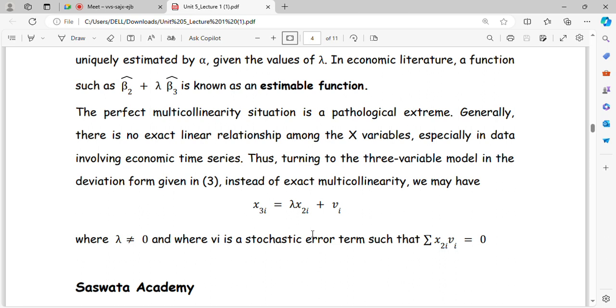And we know that if it is a stochastic error term, by assumption we can say that summation of x2i vi is equal to 0 as far as our assumption is concerned. We know that there should not be any correlation between the explanatory variable and the error term, right?